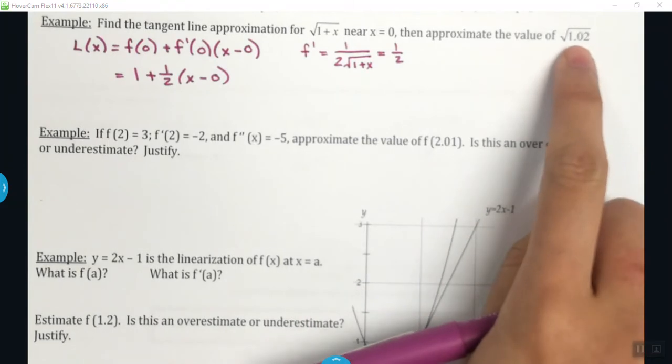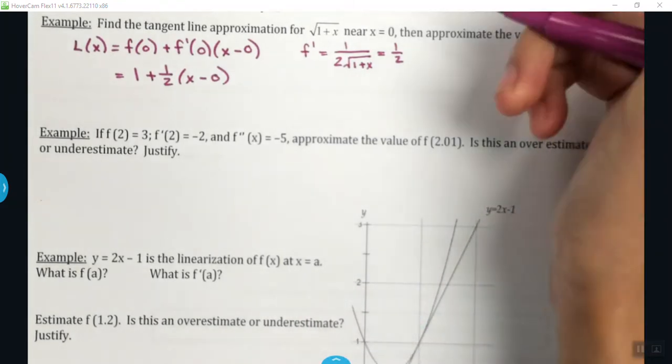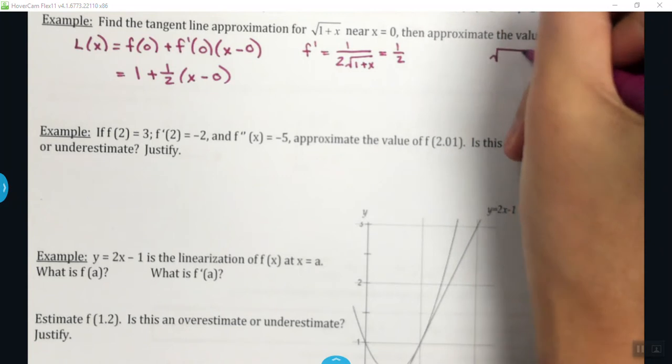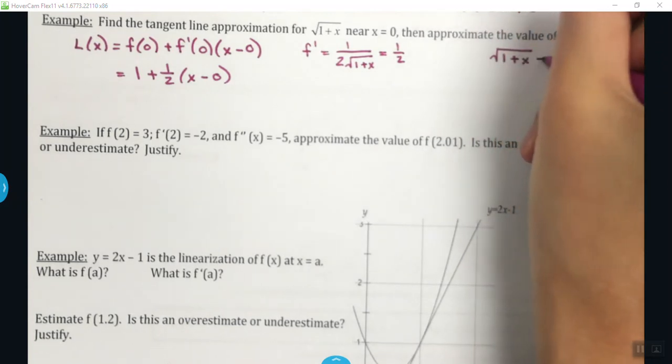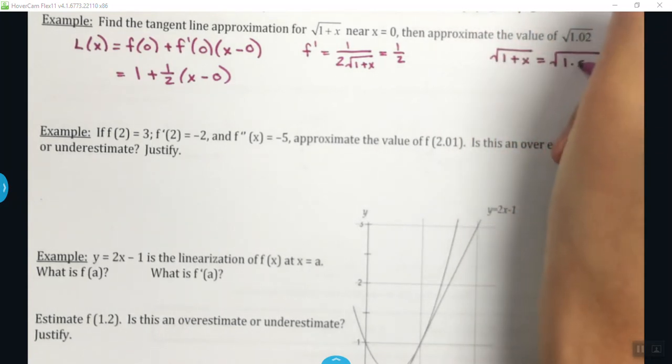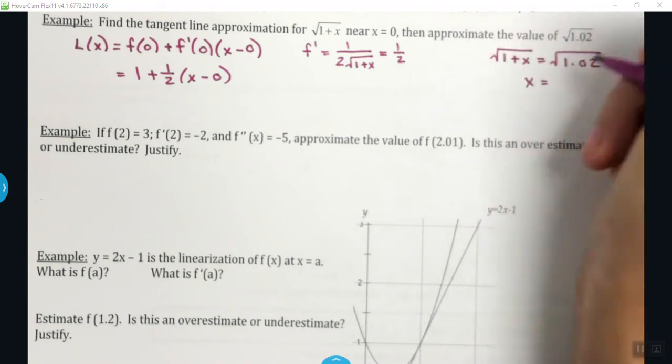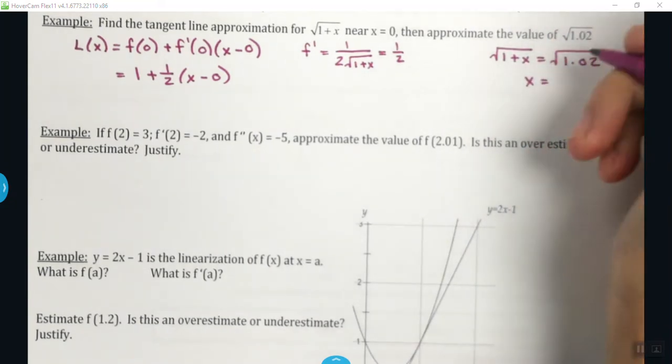Use it to approximate the square root of 1.02. So set these two equal: square root of 1 plus x equals square root of 1.02, and what does x have to be? 0.02.